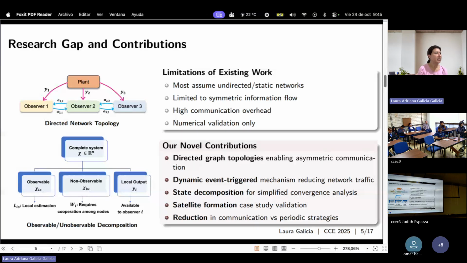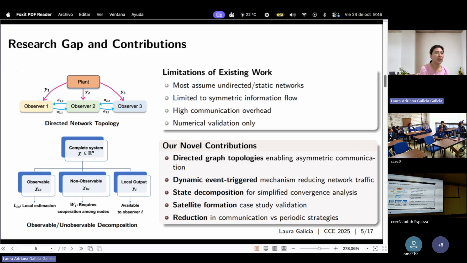Let me now address the research gaps and our specific contribution. If we examine existing work in distributed estimation, we find several important limitations. Most approaches assume undirected or static networks, which doesn't reflect the asymmetric nature of real-world communication systems.